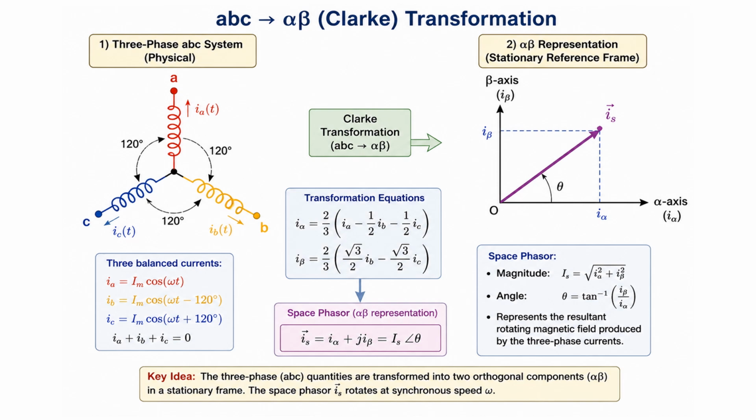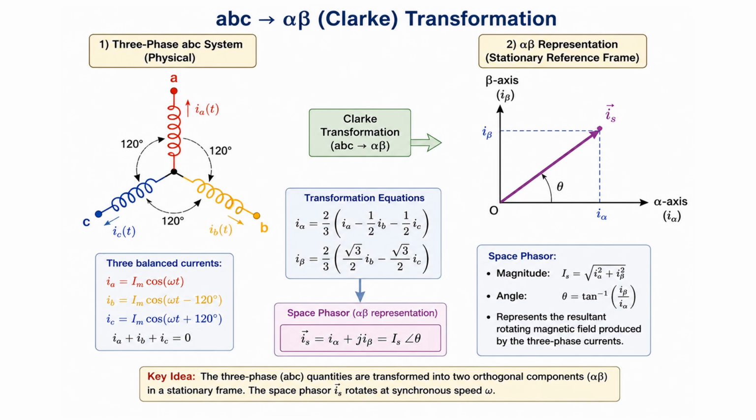So IA is Im cos omega t, IB is like this, IC is like this, and the instantaneous value of IA, IB, IC at any instant sums to 0. And the space phasor alpha beta representation is IS bar equal to I alpha plus j I beta, at angle theta. You can represent it like this.